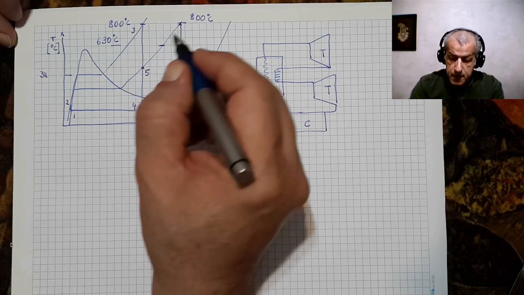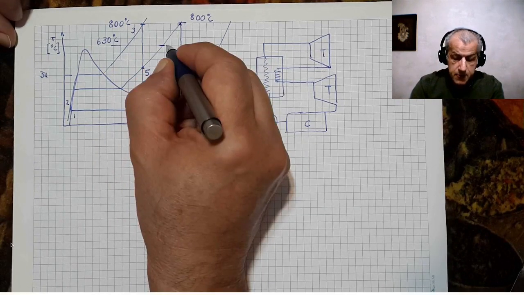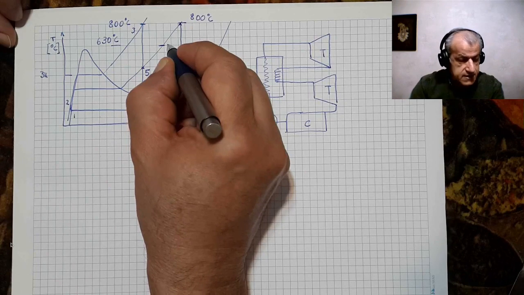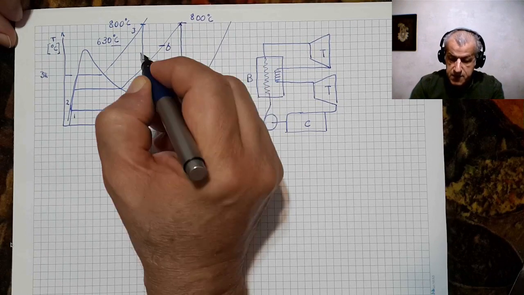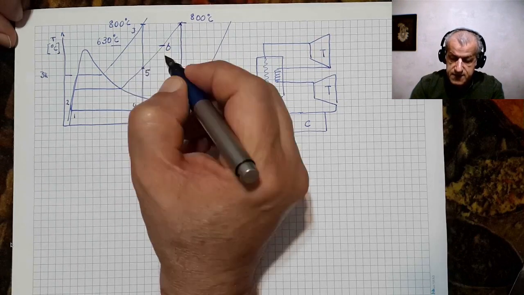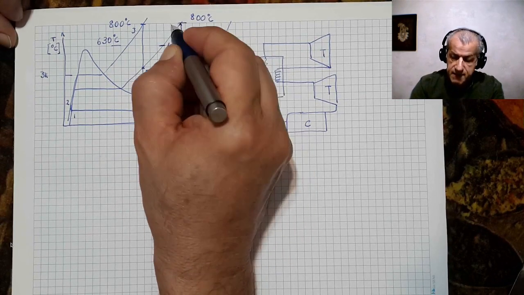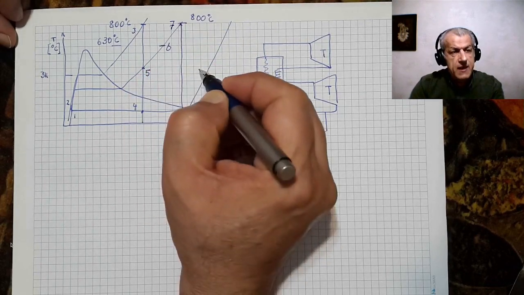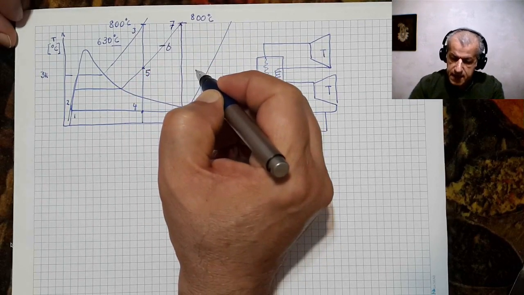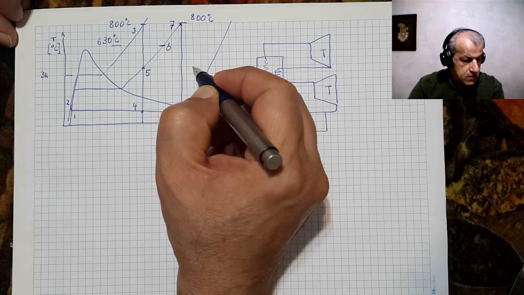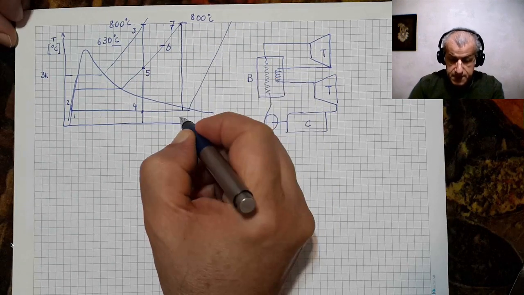But in reality, the point we're given is point 6, where the temperature is 630 degrees C. It is heated up to point 7, where the temperature is 800 degrees C, and then it's expanded to point 8.